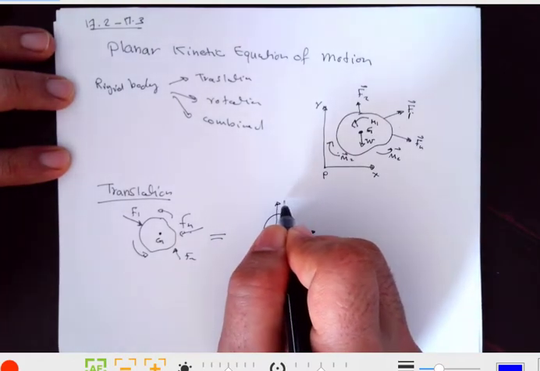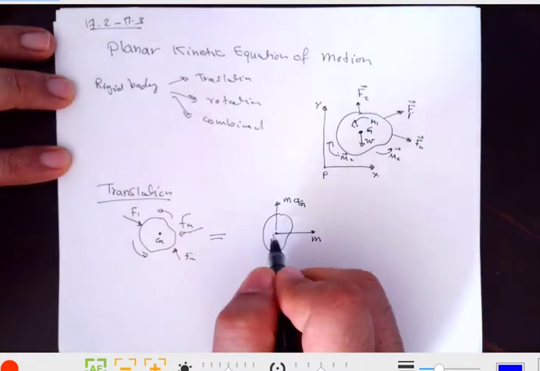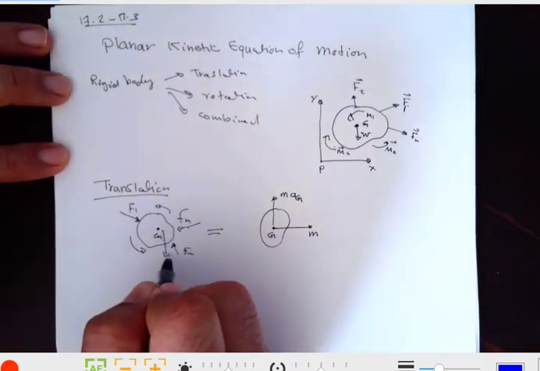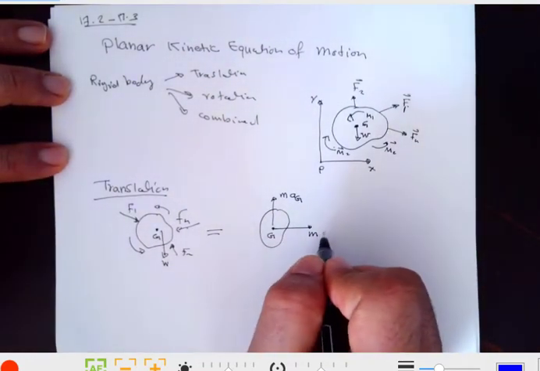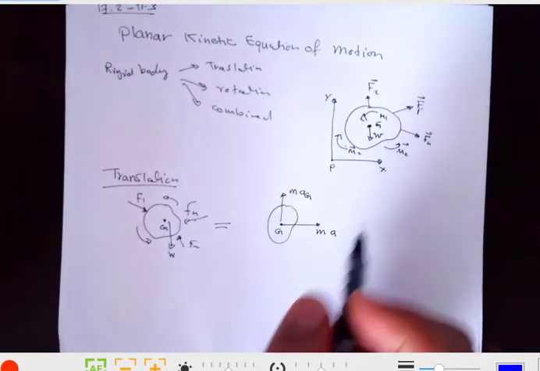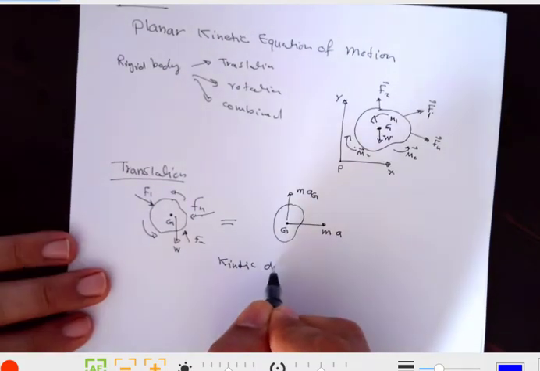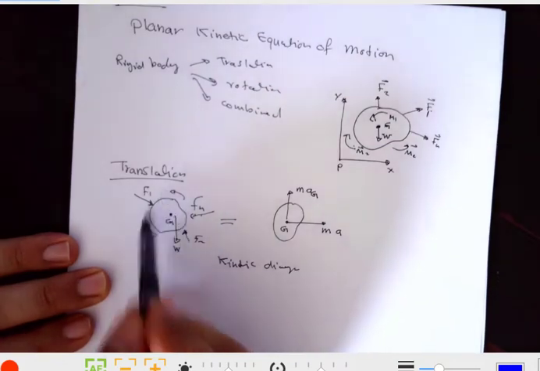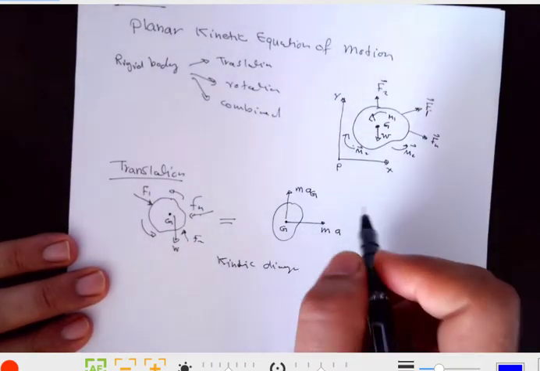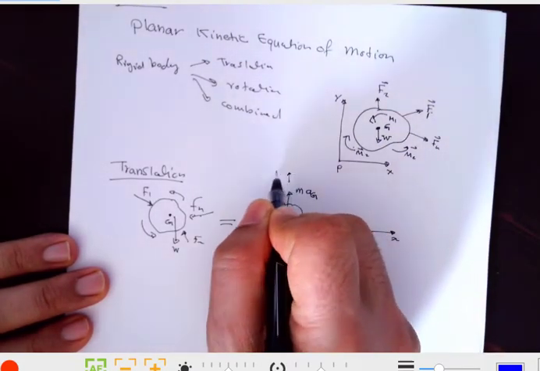So the inertia at point G, or the center of mass, and let's not forget the weight, in the kinetic diagram, says that all the forces and moments are causing this object to translate in X and also in Y, right?